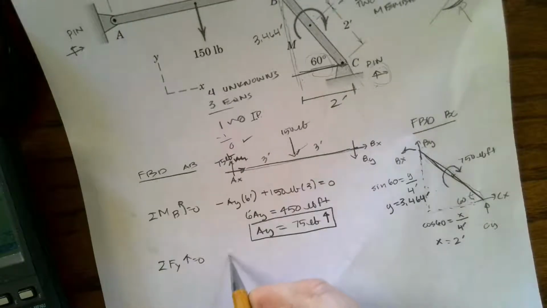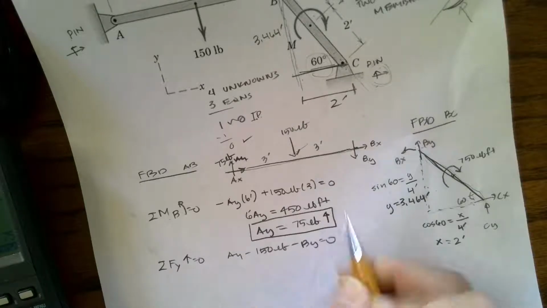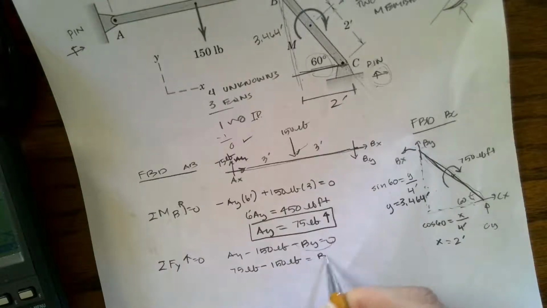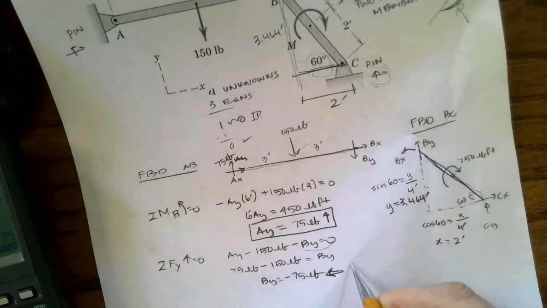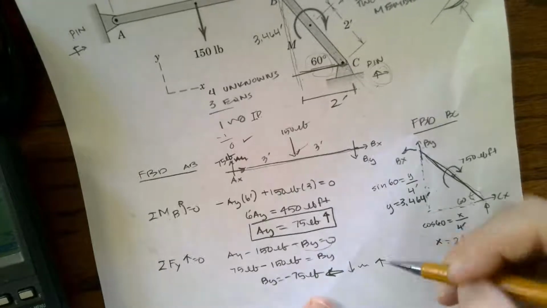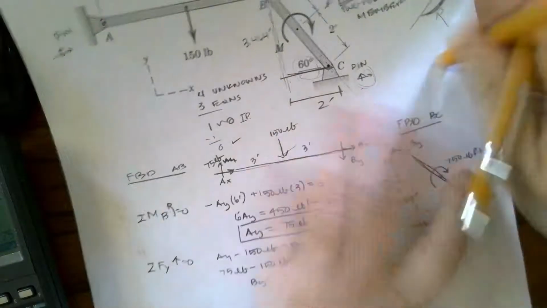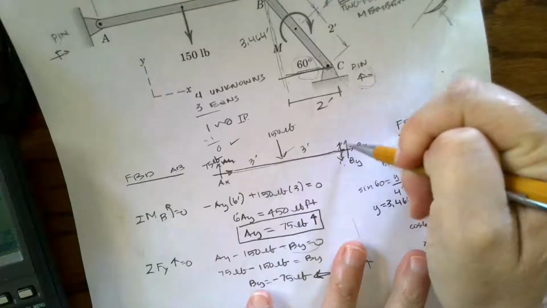Okay, and I have AY minus 150 pounds minus BY equals 0. I have 75 pounds minus 150 pounds. I'm going to make that a positive, equals BY. So BY equals negative 75 pounds. Now what that means is I assumed that BY was going down, and it is really going up. So if it's going up here, then it has to be going down on this side. So I was wrong. It goes up.